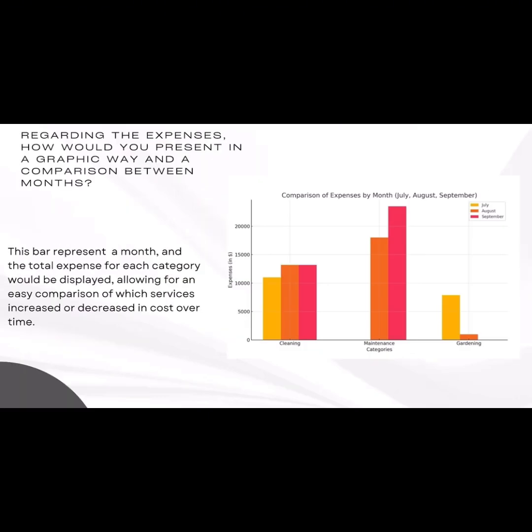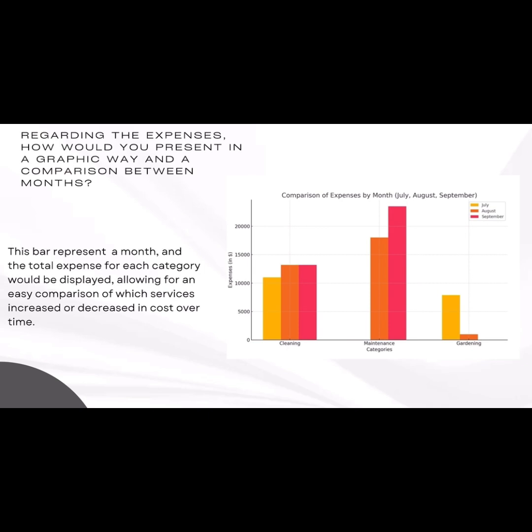In this slide is a bar chart comparing the expenses for July, August, and September in the categories of cleaning, maintenance, and gardening. These charts allow for an analysis of how expenses vary month by month, making it easier to identify increases or decreases in each category.